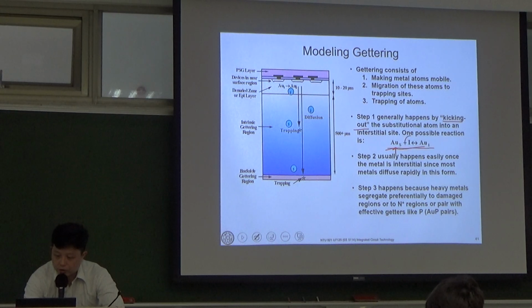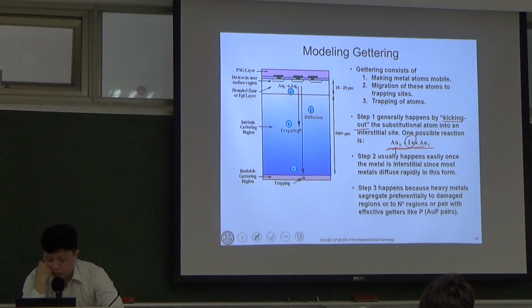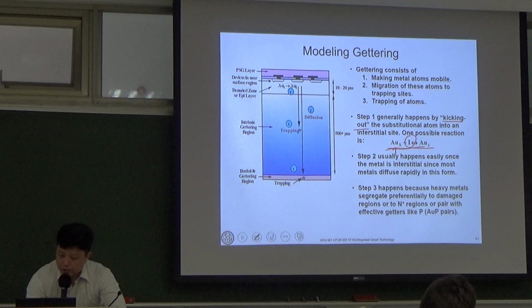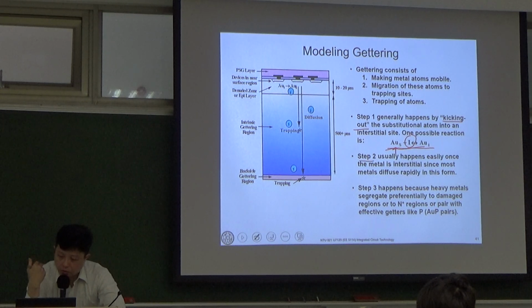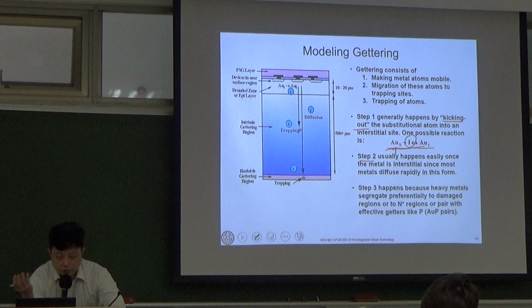So the interstitial I plays an important role in this first stage. In step 2, the metals at interstitial sites begin to move around through the diffusion process. This happens quickly if you increase the temperature.